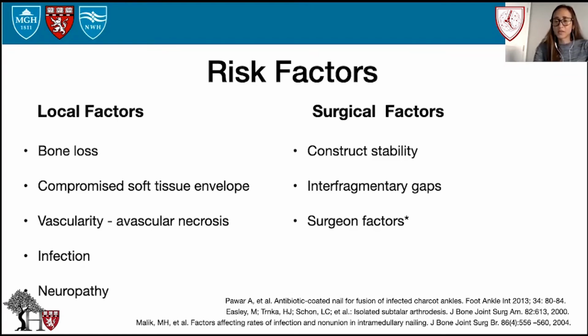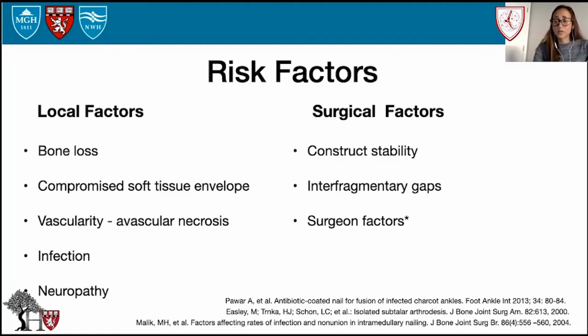In terms of technical factors, the stability of the construct to achieve a good apposition between the two fragments is also related to increased risk of non-union when none of these are achieved.